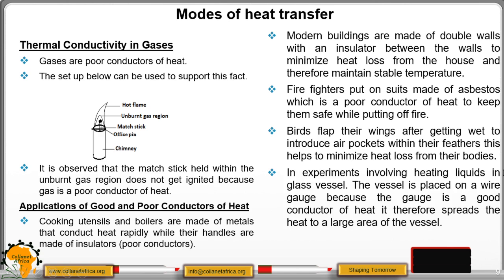In experiments involving heating liquids, we always place the vessel on a wire gauze because the wire gauze is a good conductor of heat, and it enables uniform spread of heat to a larger area of the vessel.